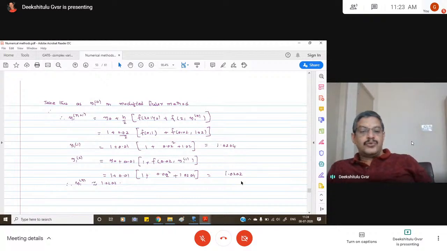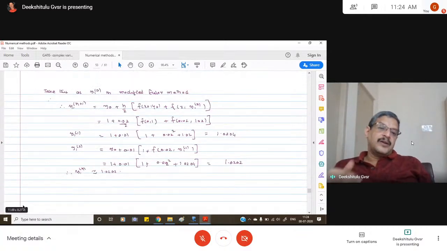Put this value here and you get 1.0202. So y1^(2) is almost very close to 1.0202. This is the value of y1 using the modified Euler's method.